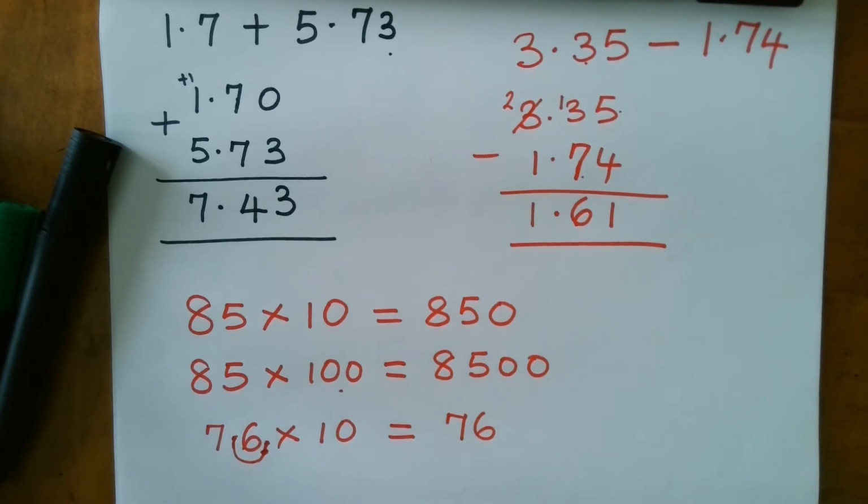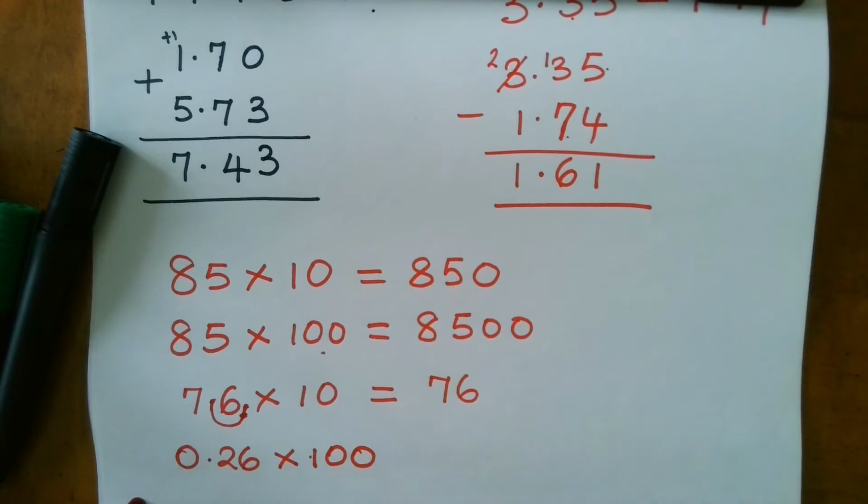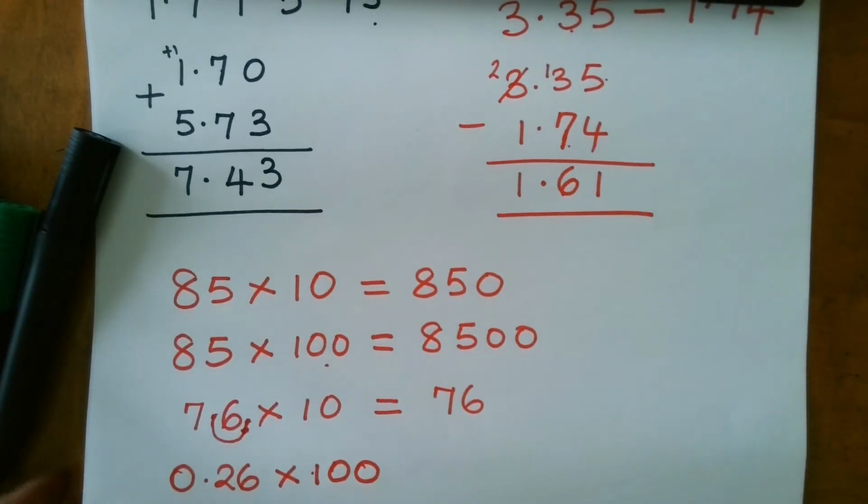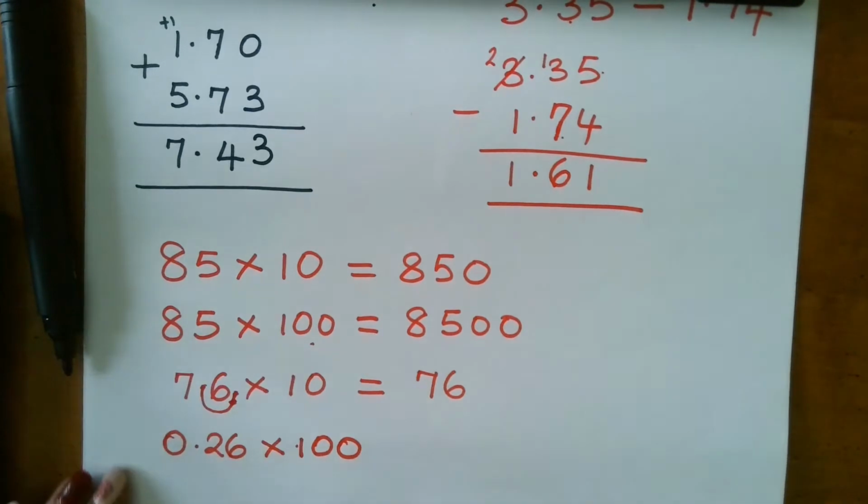Now, let's take another example of multiplying by powers of 10: 0.26 multiplied by 100. Multiplying by 100, I'm moving the decimal point because I've got 2 zeros.